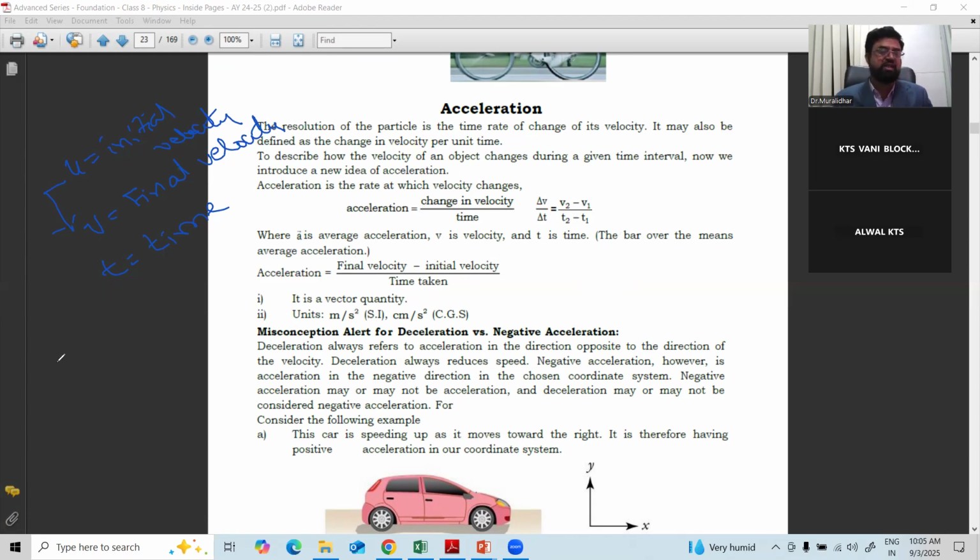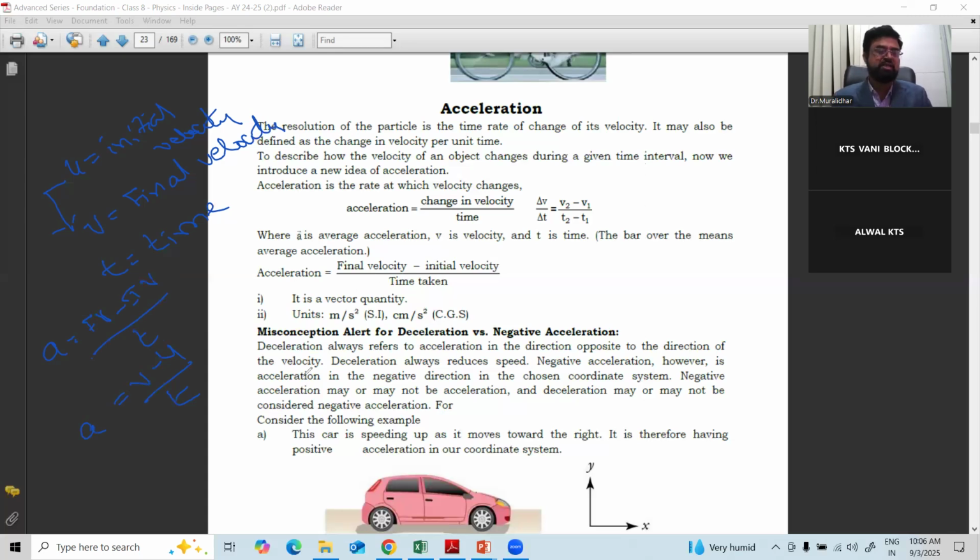According to the definition, acceleration is the rate of change of velocity. Rate means time, how fast it takes place. Change in velocity is final velocity minus initial velocity, divided by time. That is a = (v - u)/t.